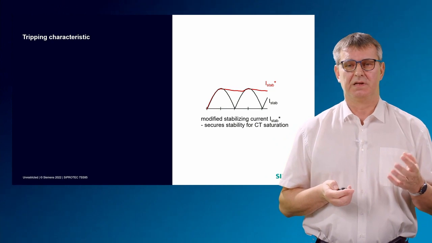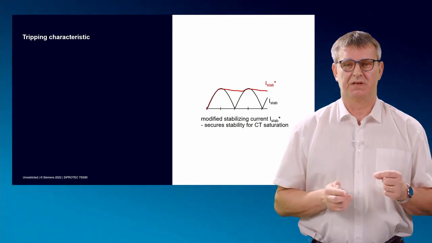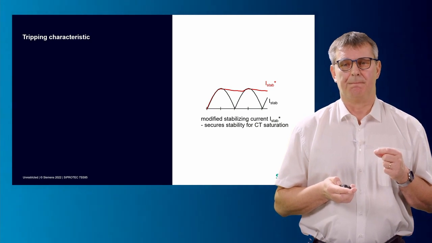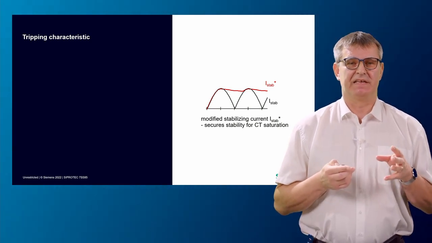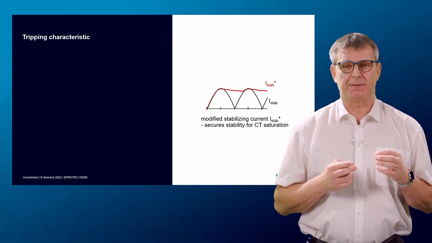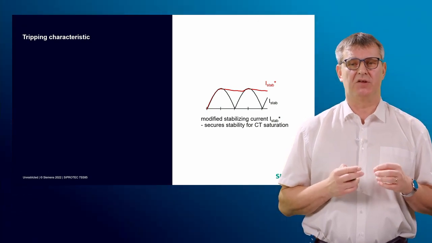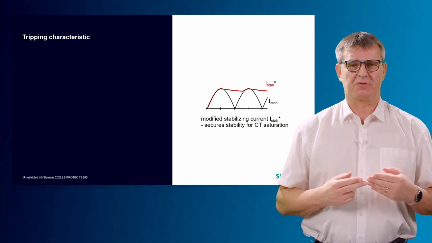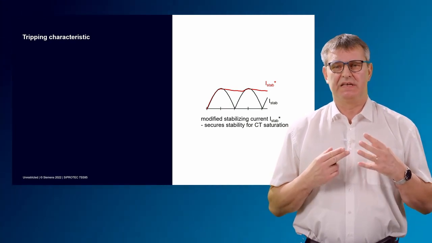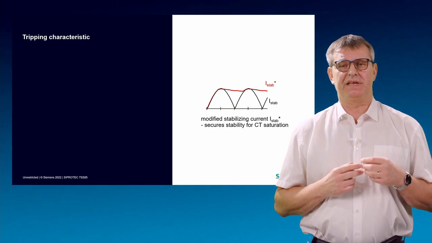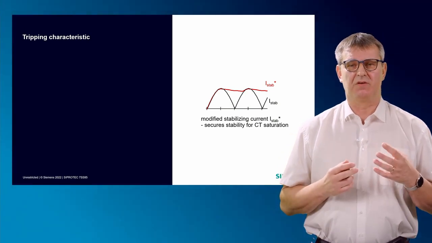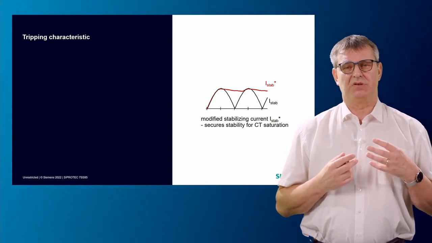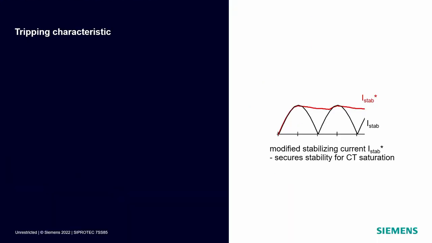First up, the stabilization current. You see here the black line, that's the calculated stabilization current, the calculated restrain current. But in our algorithm, we are not directly using the calculated stabilization current, this black one. We are using the so-called modified stabilization current. You can see it here.